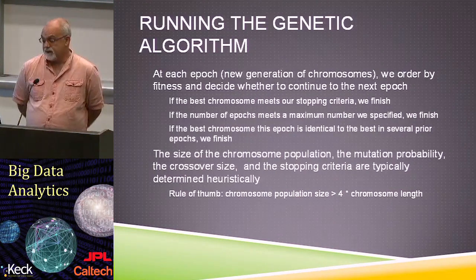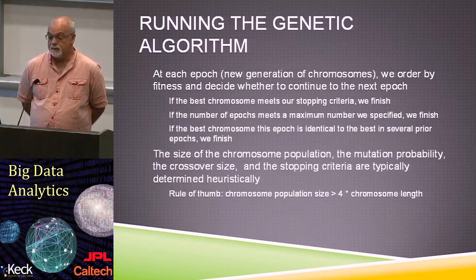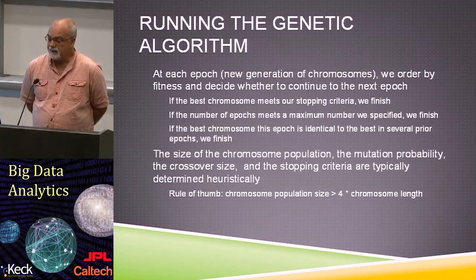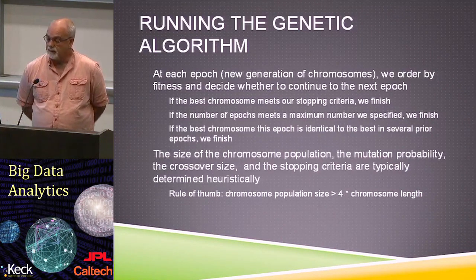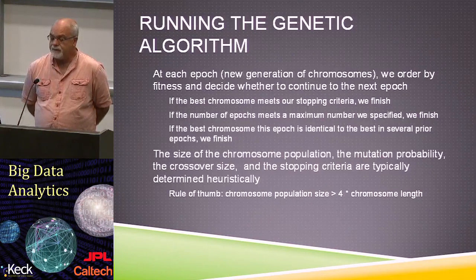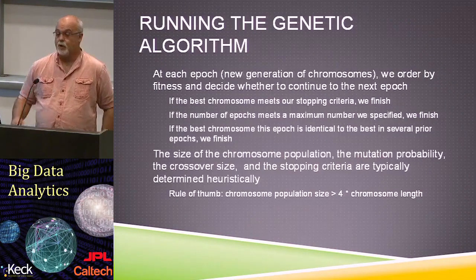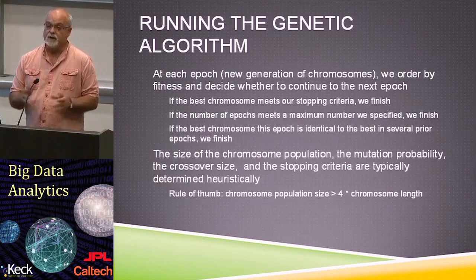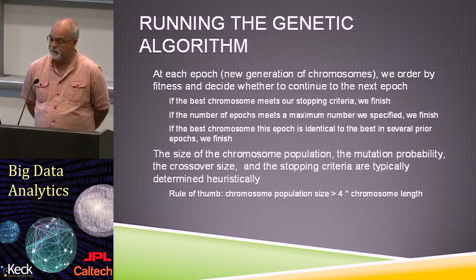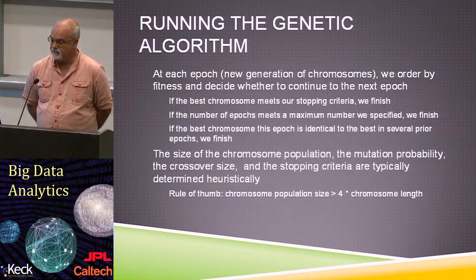And we do that by saying, well, is the best chromosome meeting our stopping criteria? If so, then we finish. If we've met the number of epochs which we're allowing the genetic algorithm to run for, then we finish. Or if we find that there's no improvement from the previous epoch or a succession of many previous epochs in the best chromosome, we're going to have to say, well, we give up at this point and finish.